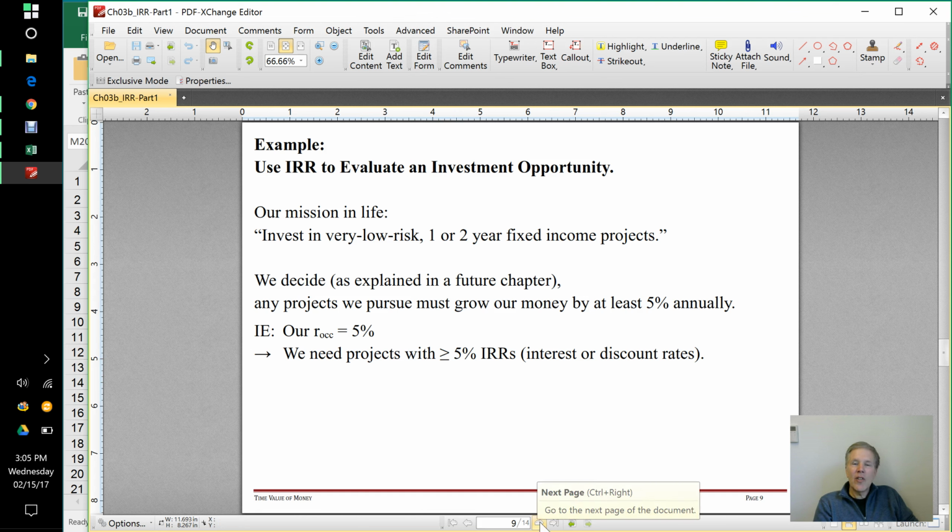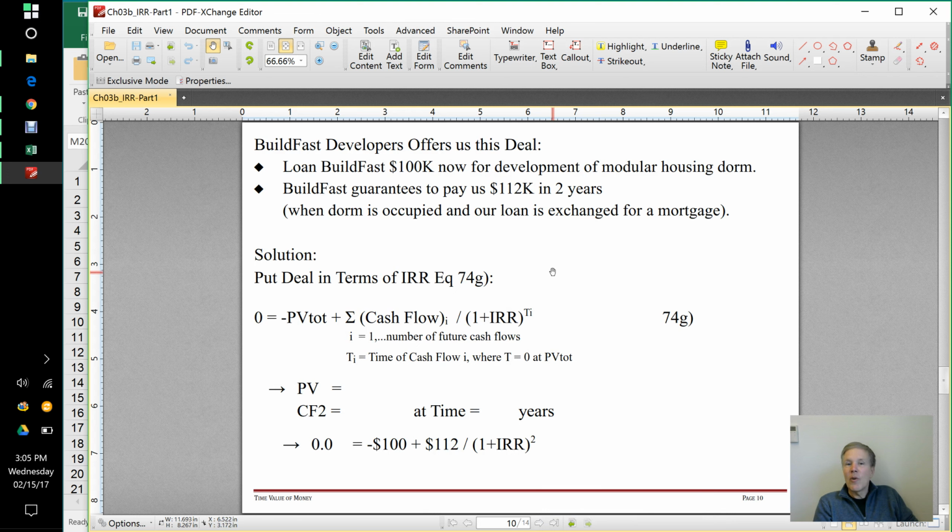So we know our mission in life, we know our opportunity cost of capital, then we go out and start evaluating potential investment projects. So here's one. We have Build Fast Developers. Happily, we can do anything that's short term like that, and we find a real estate project that fits the bill. Build Fast Developers offers us this deal.